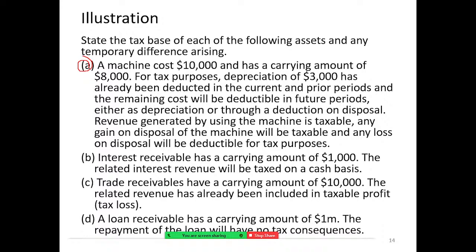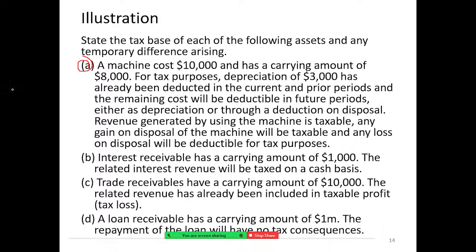Is it an asset or a liability? It is a liability. Then we call it what? Taxable temporary difference. Yes, very good. Exactly. Now you got the point. I'm very happy about that.